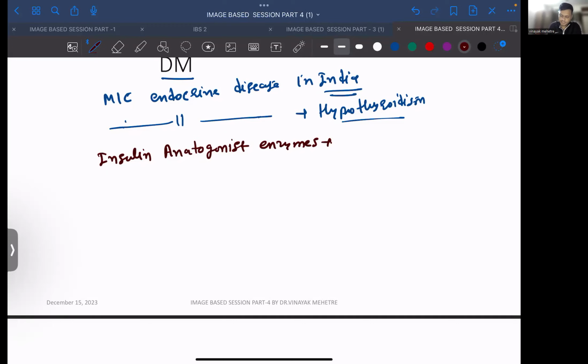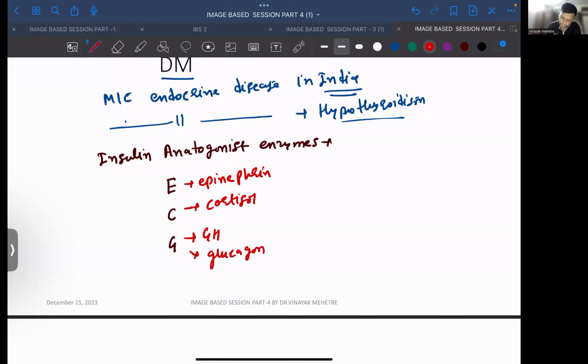Yes, correct. You can remember by the mnemonic ECG. That is E for epinephrine, C stands for cortisol, and G stands for growth hormone as well as glucagon.